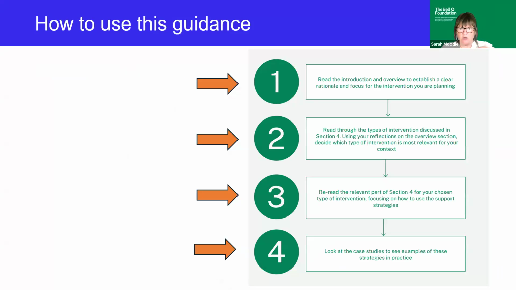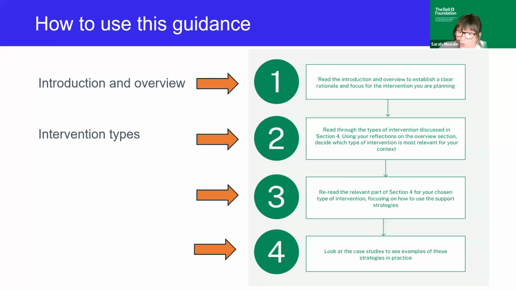So in order to use the classroom guidance and strategies most effectively to support your interventions, when you open the new guidance, first of all, you'll see a lovely shiny flowchart provided, which you can see on this screenshot. And it's quite simple, taking you through the process. First of all, what you have to do is read the introduction and the overview in order to familiarise yourself with the various intervention types that we've included.